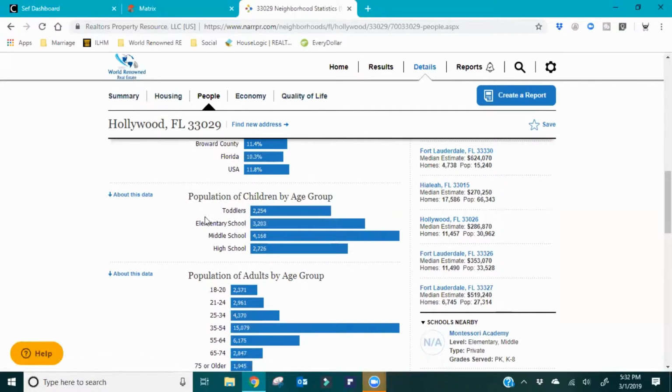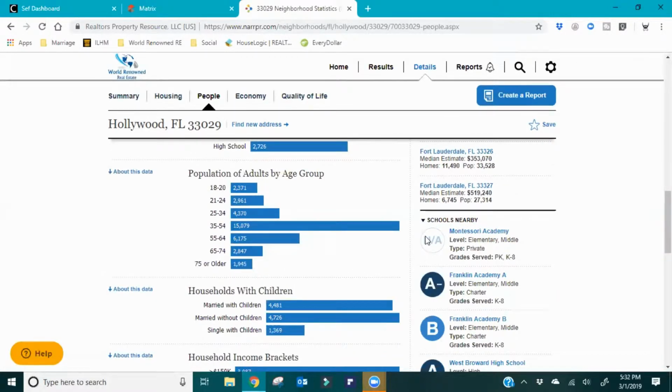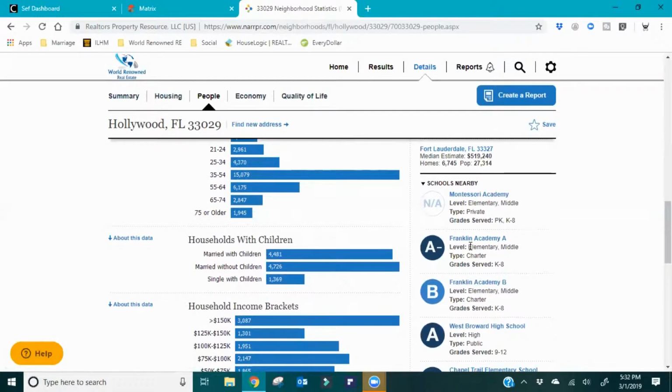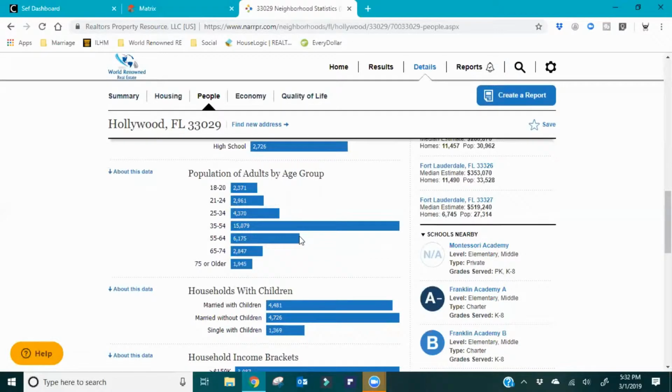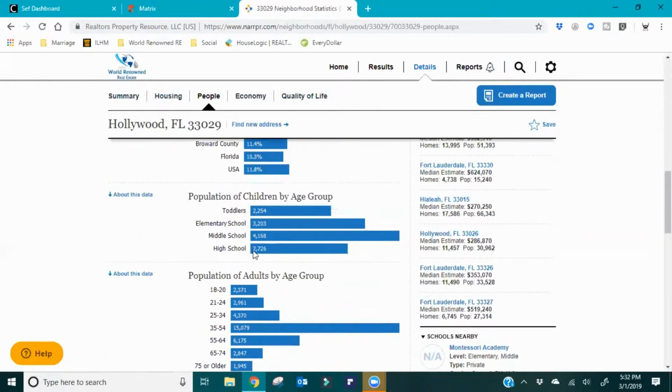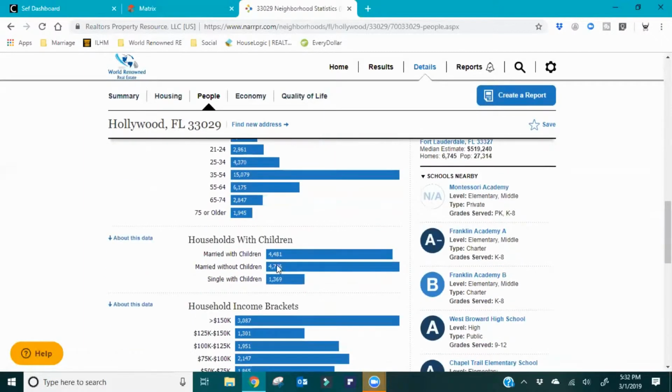And of course, you'll see it talks about the schools that are nearby. This is one of the great features of RPR that I think is underutilized. I have this information readily available. So when I'm speaking to the sellers, I'm telling them, hey, here's the population of children by age group, these are the population of adults, the households with children, and these are the school ratings.